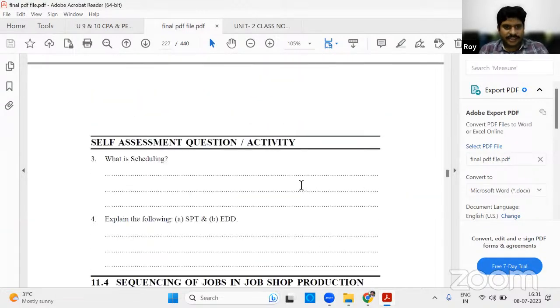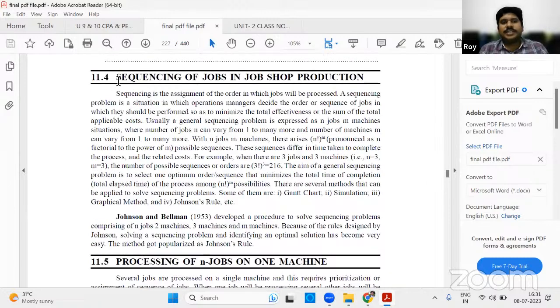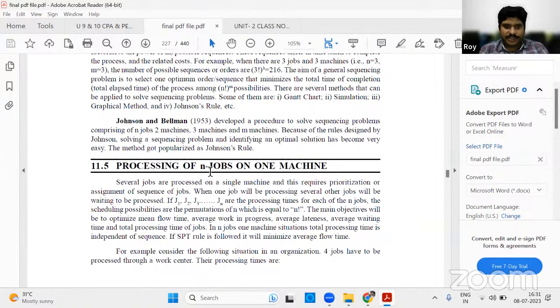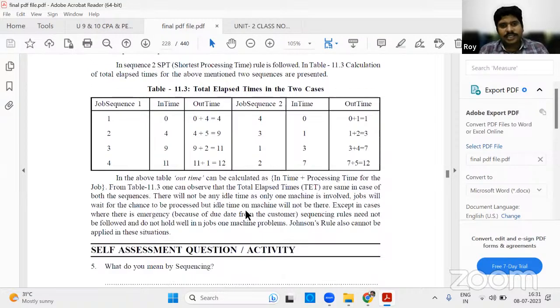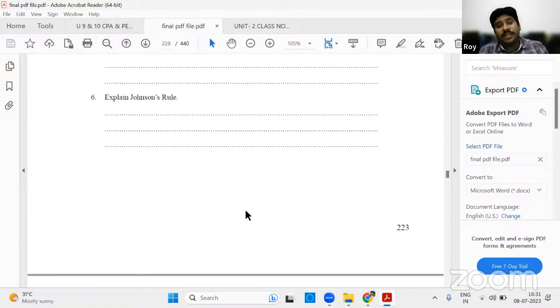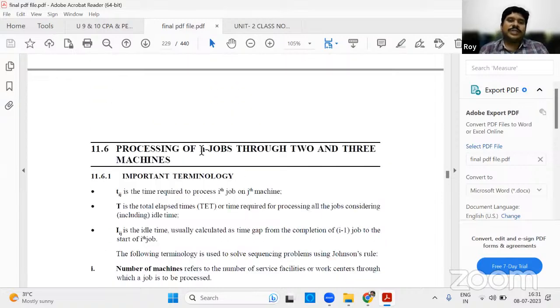But this is an important point in the job production process: when there are n jobs and only one machine, there is a model here that you can see and understand. I will also cover n jobs through 2 machines and 3 machines. First, I will start with n jobs through 2 machines, then go to 3 machines and then to 1 machine. Is it fine? Hello?